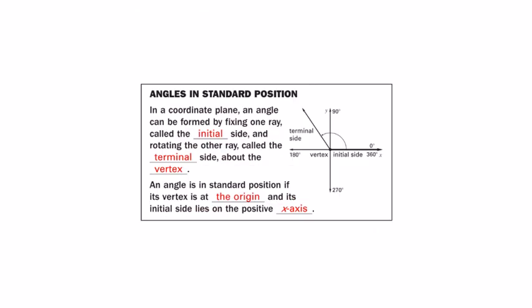Alright, so the first part of this lesson is drawing an angle in standard position. In a coordinate plane, an angle can be formed by fixing one ray, called the initial side, and rotating the other ray, called the terminal side.